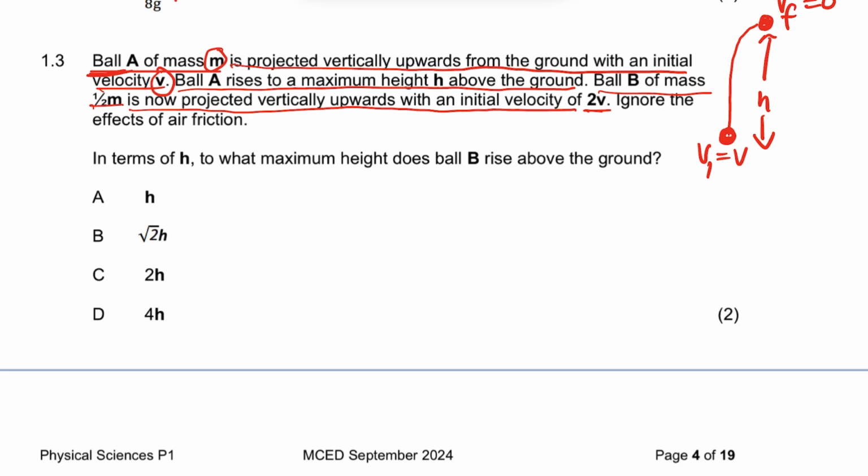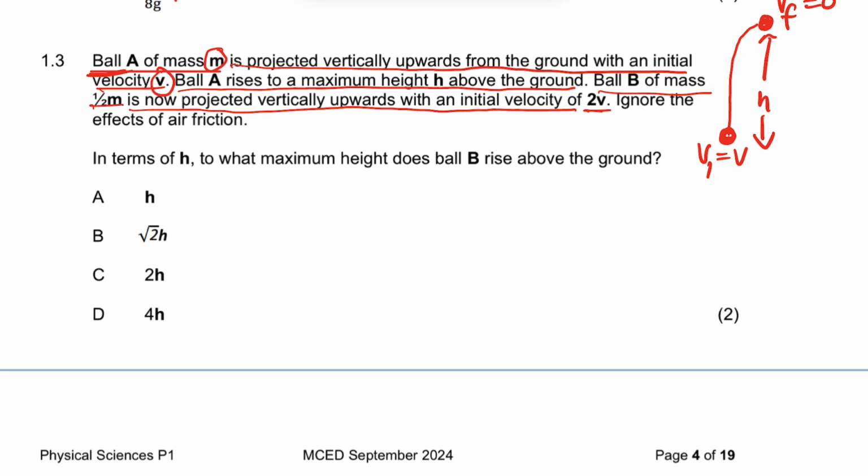Now, what is going to happen? It says ignore the effect of friction. In terms of h, to what maximum height does ball B rise above the ground? We do not know how high ball B rises above the ground as compared to ball A. Now, what do we need to do?